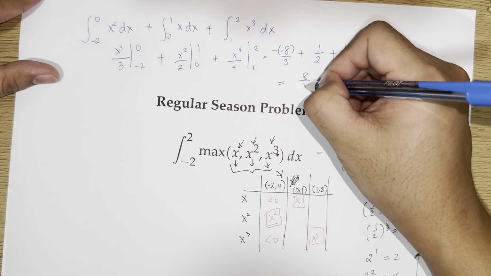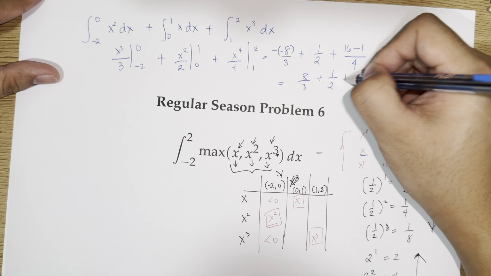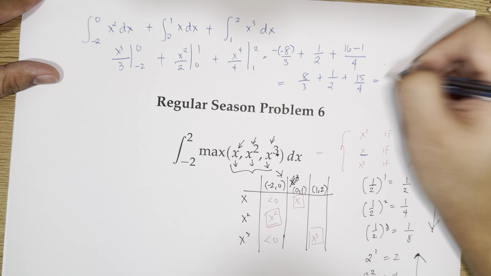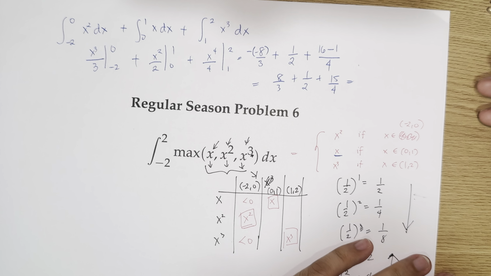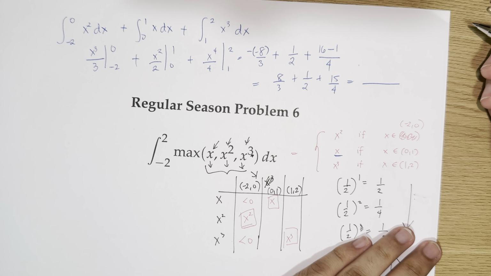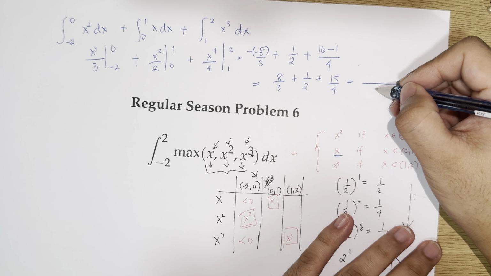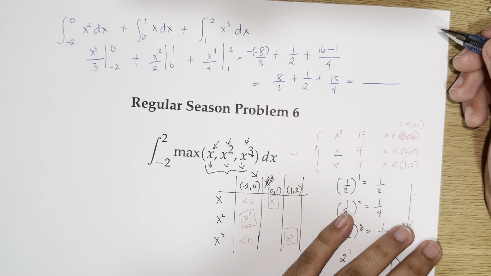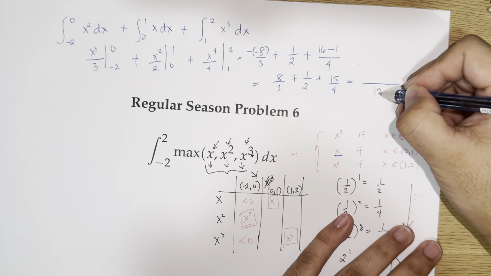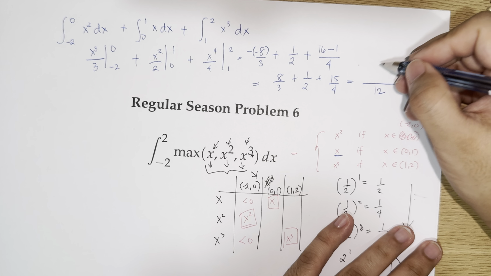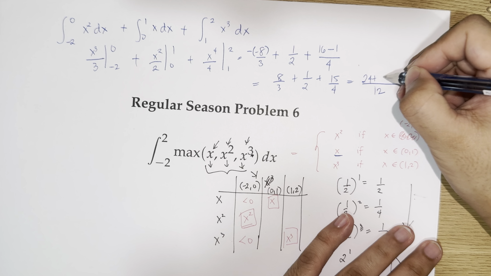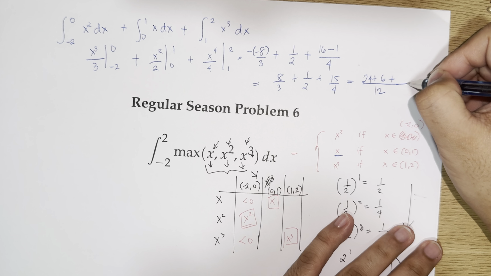This is 8 over 3 plus 1/2 plus 15 over 4. To more easily evaluate this, write as a common fraction. The LCD, the least common denominator, is 12. So this one is 32 plus 6 plus 45.